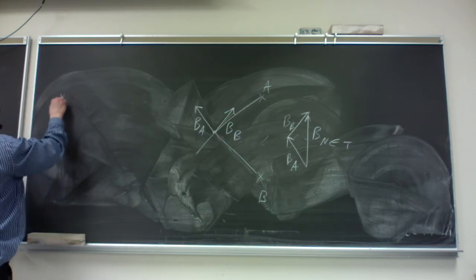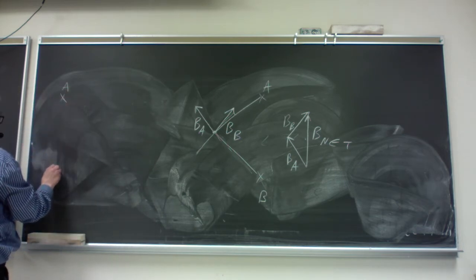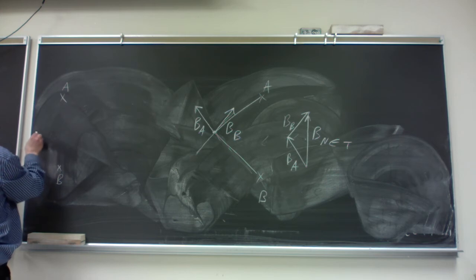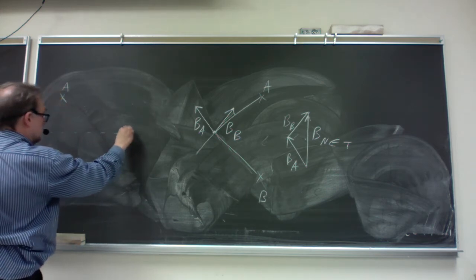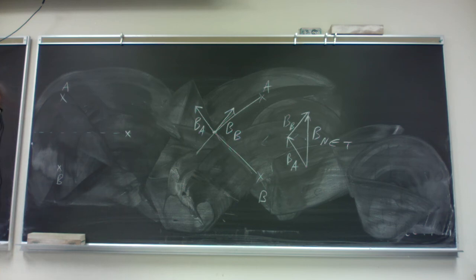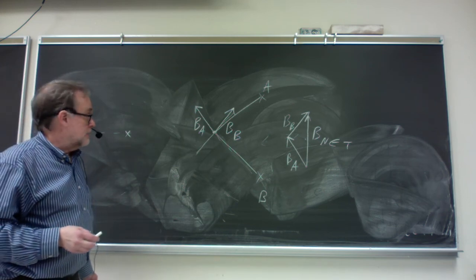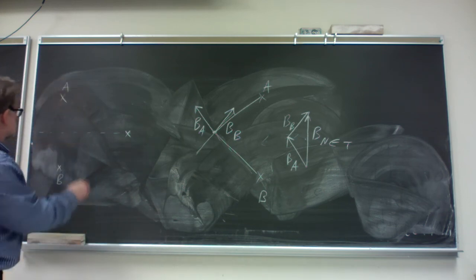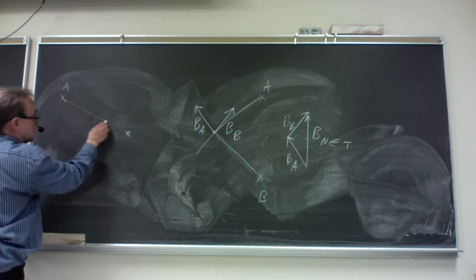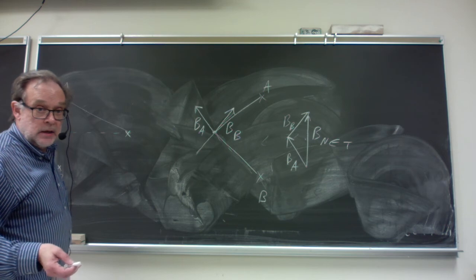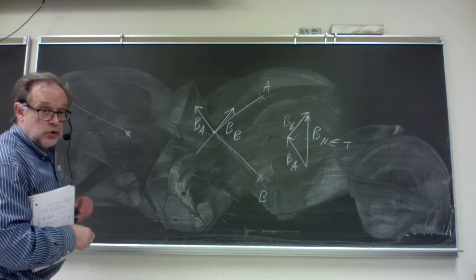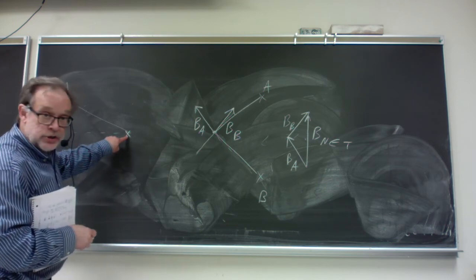So here's A, here's B, here's the plane on which our points sit, and there's our point. So first the field caused by A, draw the line that connects current A to the point that we're interested in. That's a radius of a circular magnetic field line on which this point lies.